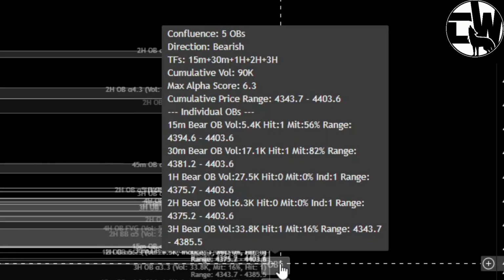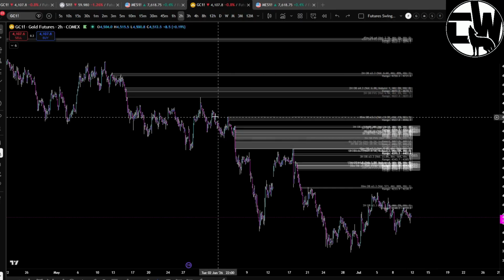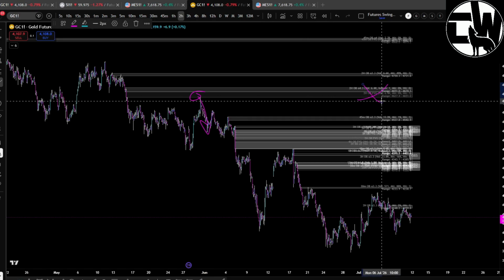And we're also showing you the volume of contracts or shares that traded at that exact price. This is going to give you the most high-level information available in the market on whether or not something is going to, 1, hold up, or 2, get broken through.